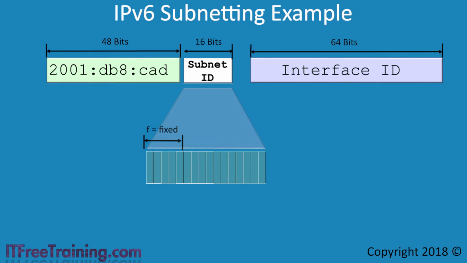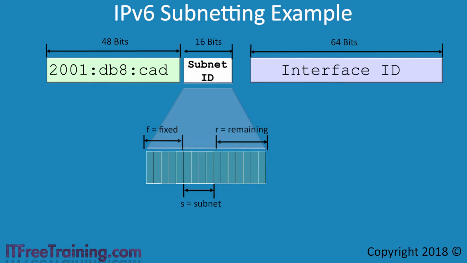As we move through the video, bits of the subnet ID will be allocated, and thus the value of F will increase. The next part we're going to look at is S for subnet. This is how many bits we want to allocate to new subnets. The larger the value of S, the larger the number of subnets that are created. The final section of the subnet ID will be represented by R, which is the remaining portion. This is the part of the subnet ID that has not been allocated as of yet.